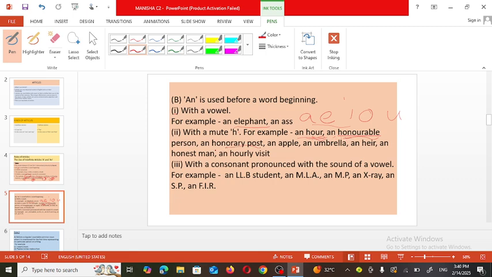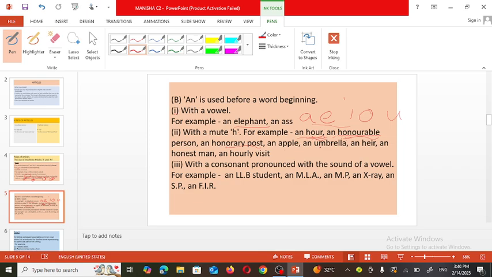An honorary post, honorary. Here again it sounds like a vowel, so an will come before honorary. An apple, here also it starts with a. Already you are able to understand its spelling starts with a vowel letter.